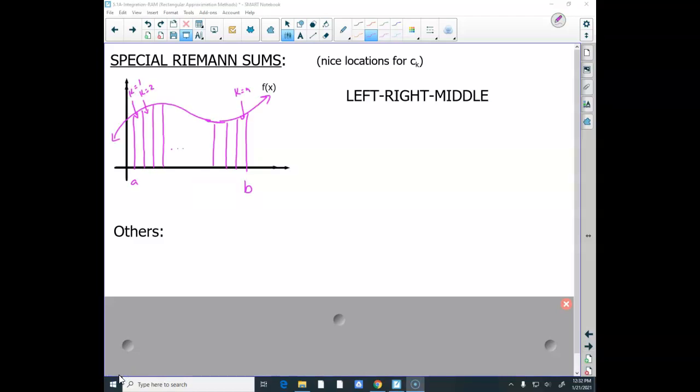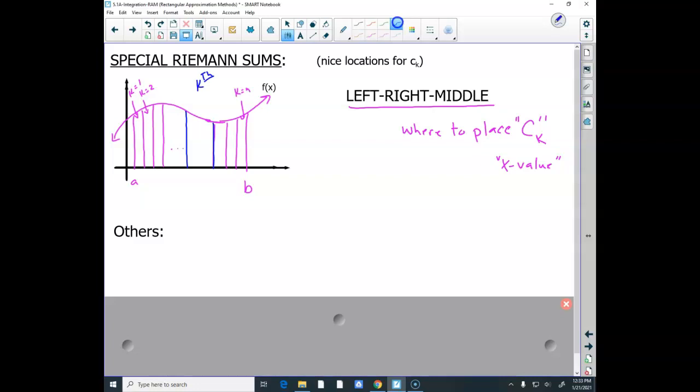Okay. So as we're saying, nice locations for c, when I'm talking left, right, or middle, this is saying where to place c sub k, which is my x value, and that x value is what's going to be used to find my height. So let's say here is my kth interval. This is the kth rectangle.